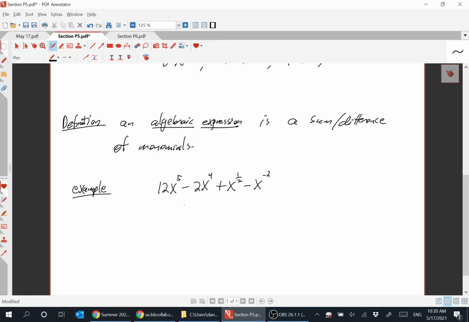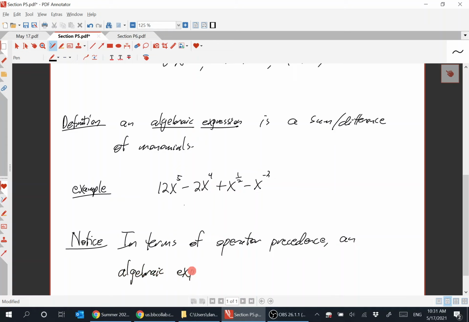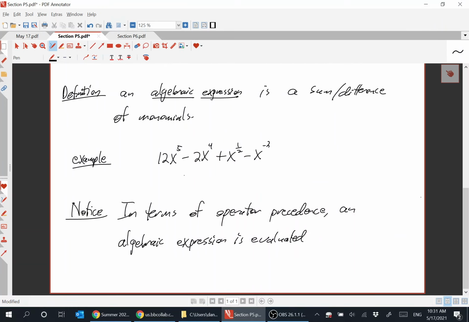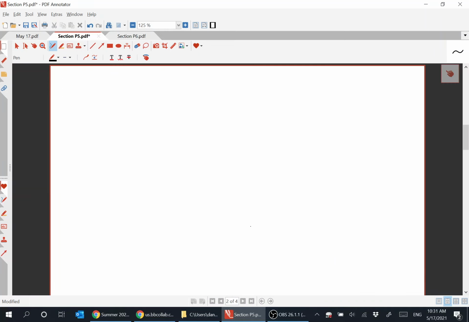Notice that in operator precedence, an algebraic expression is evaluated in what order?